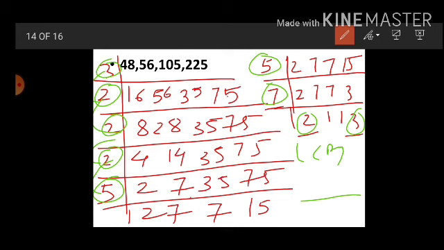See students, 2 2s are 4, 4 2s are 8, 8 2s are 16, 16 5s are 80, 80 3s are 240, 240 3s are 720, 720 5s are 3600, multiplied by 7.